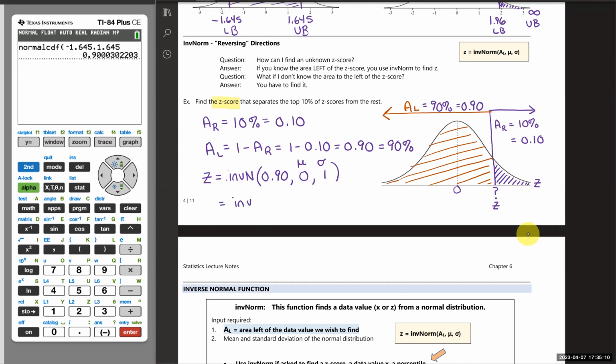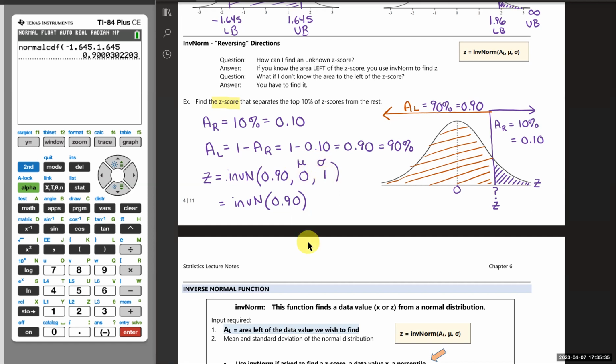So we can shorten what we write here and just say 0.90. If we leave off the mu and the sigma, it will assume we mean 0, 1. If we weren't working with z-scores and we were working with churros again, like calories in a churro, then we would have to put in the appropriate mean and standard deviation.